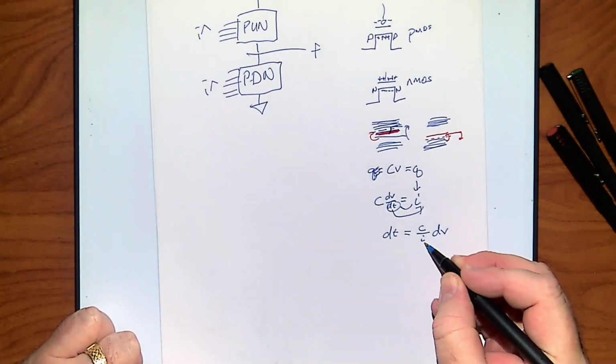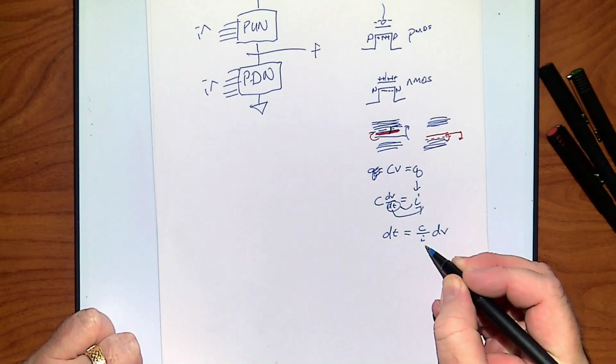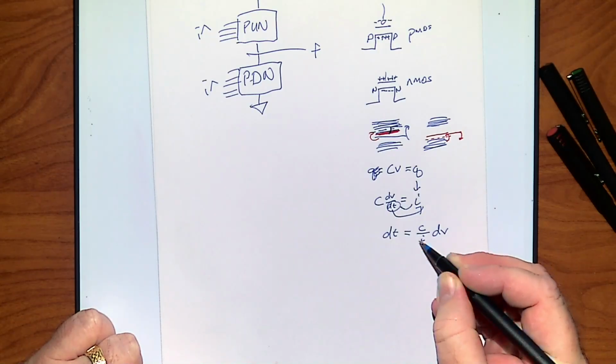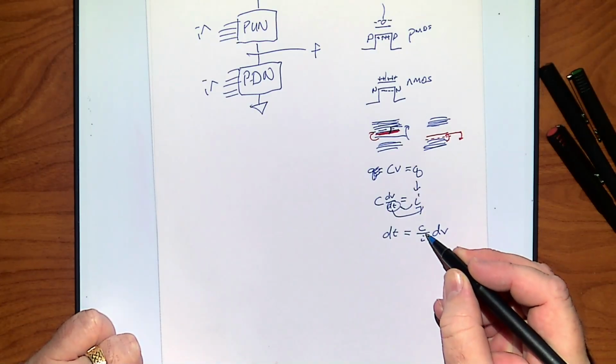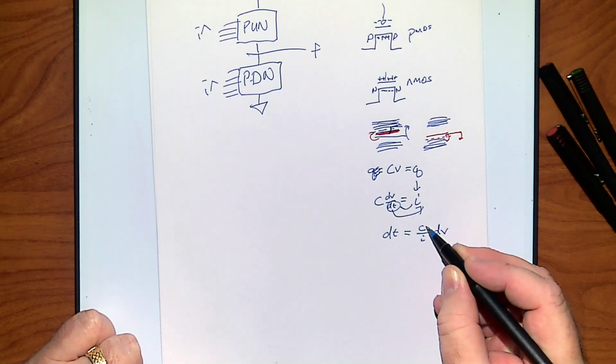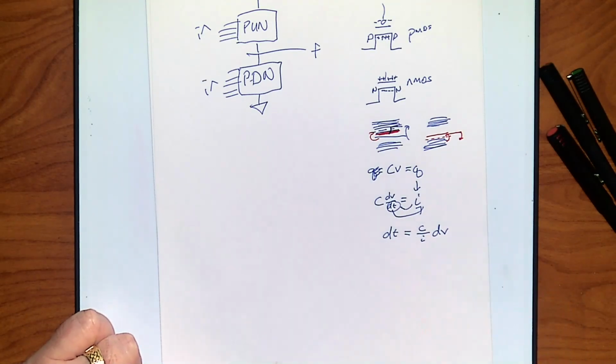If you consider this C over I, this is kind of giving you an idea of what it takes to charge that capacitor, and this is telling you how long it takes. All right? So if I increase the capacitance of my system, what's going to happen to my charging time? It'll get bigger, right? Bigger capacitor, longer to charge.